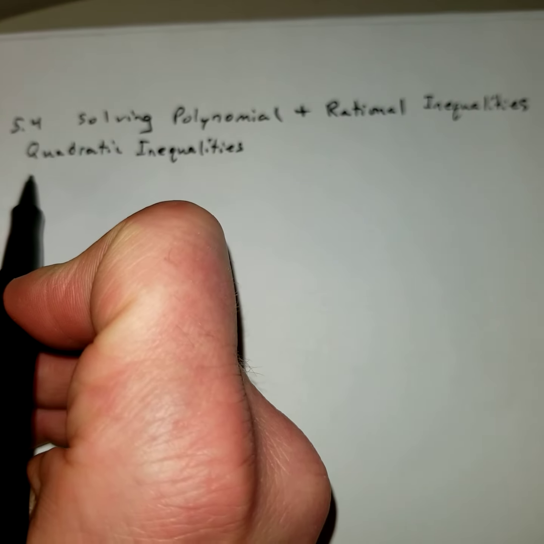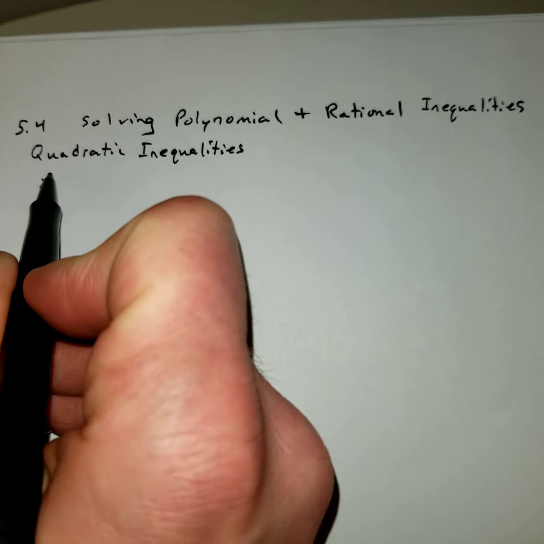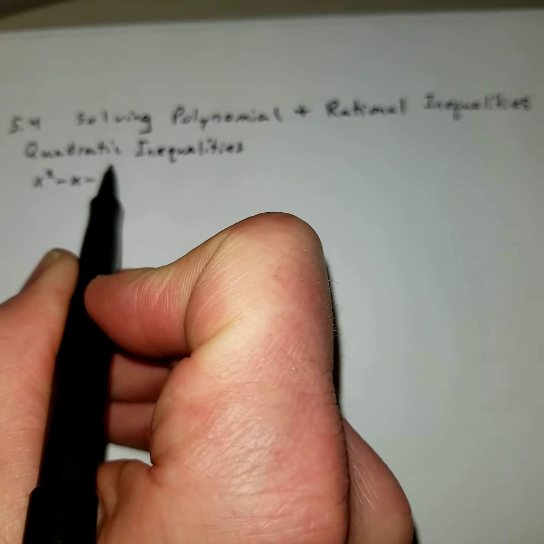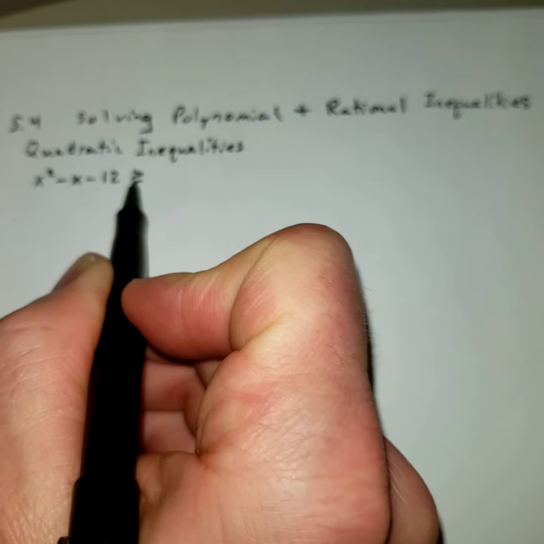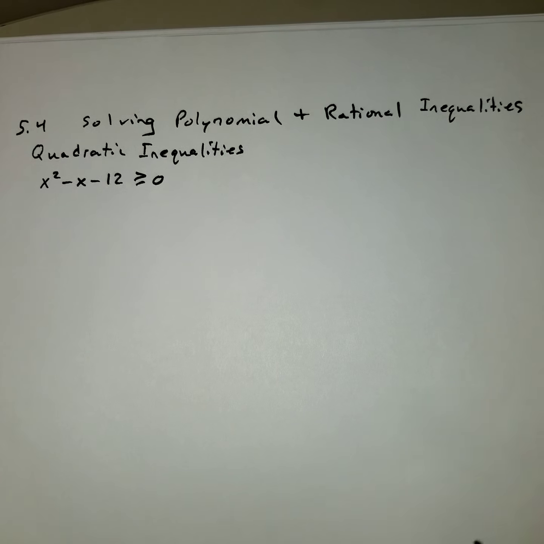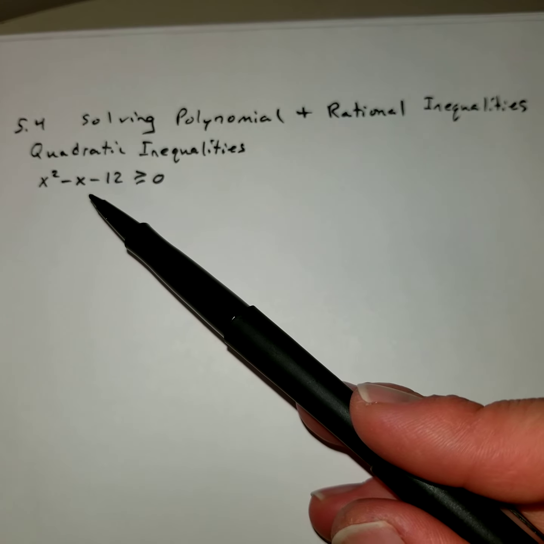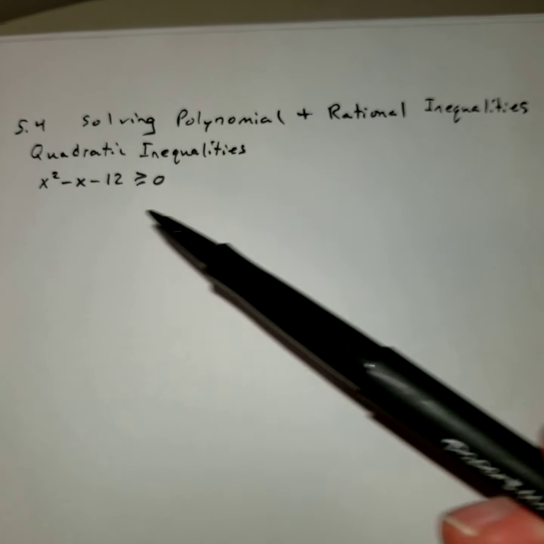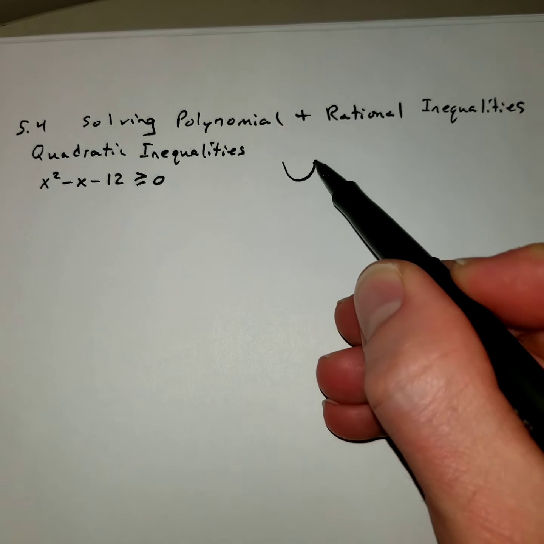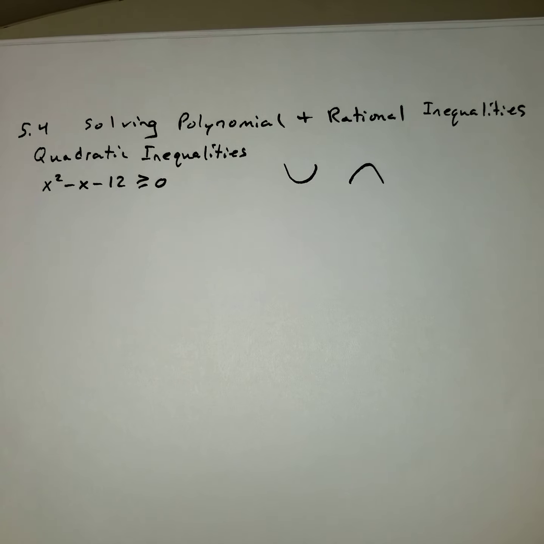And so the quadratic inequality I'm going to solve first is x squared minus x minus 12 is greater than or equal to 0. When we work with quadratic inequalities, we know that the graph of a quadratic is a parabola, and the parabola either will open up or it will open down.